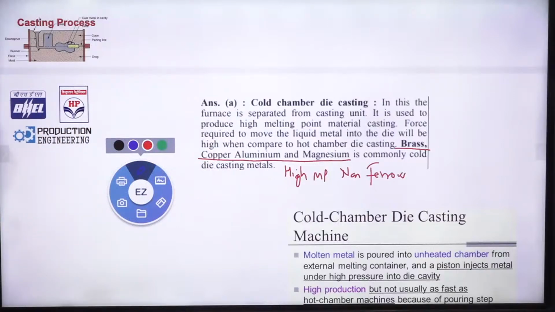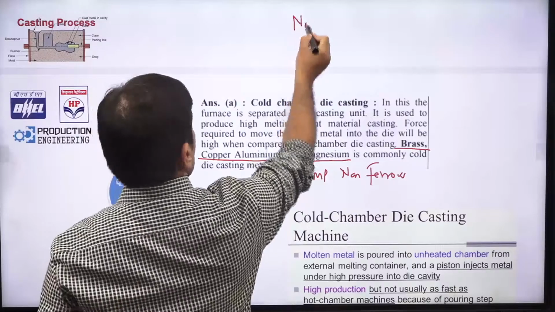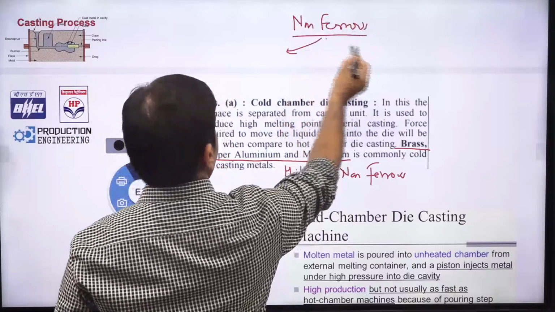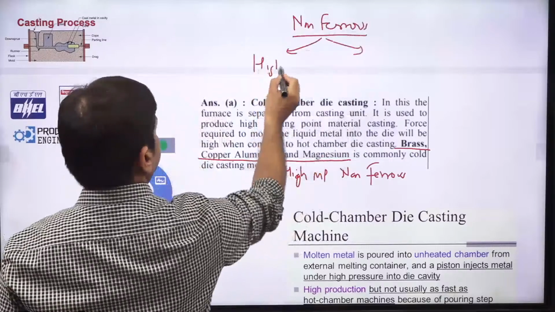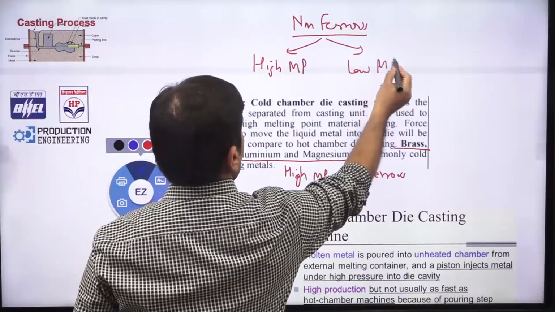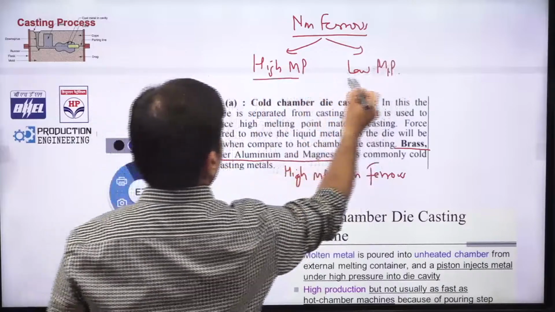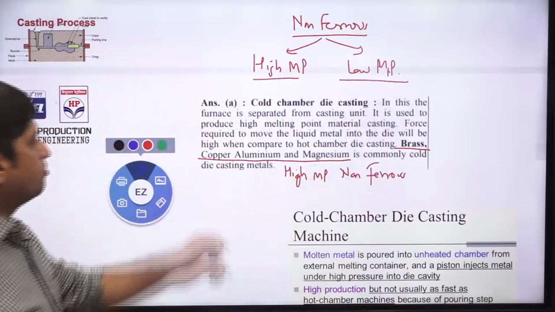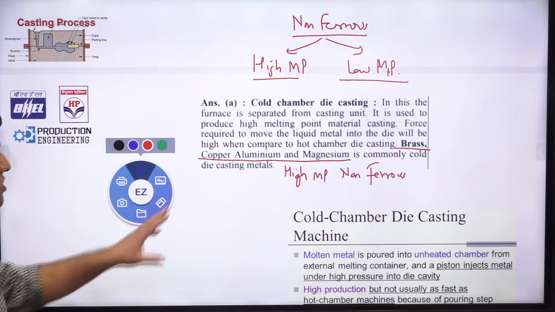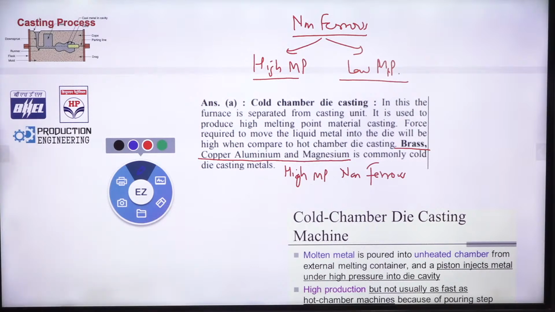So non-ferrous materials you can further divide in two ways: high melting point and low melting point. High melting point is brass, copper, aluminum, and all. Low melting point is tin, lead, all these things which we have discussed.